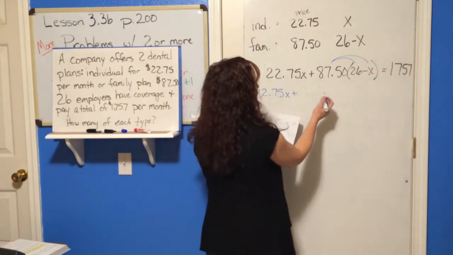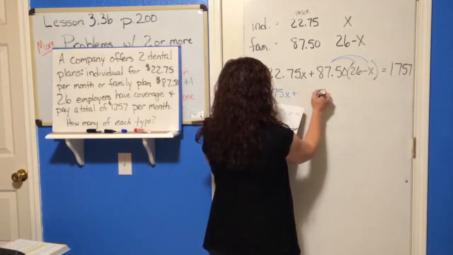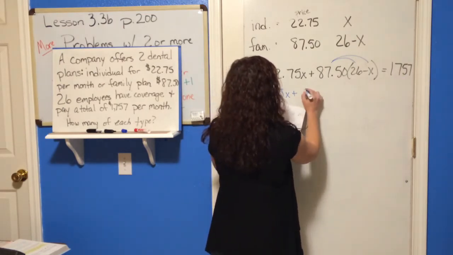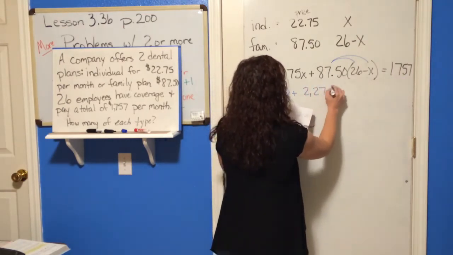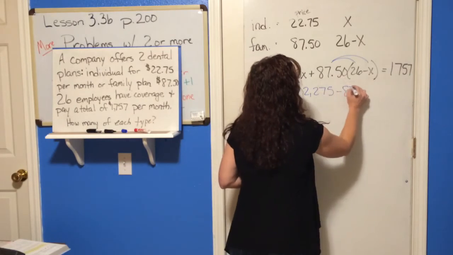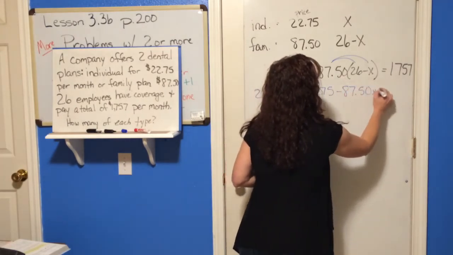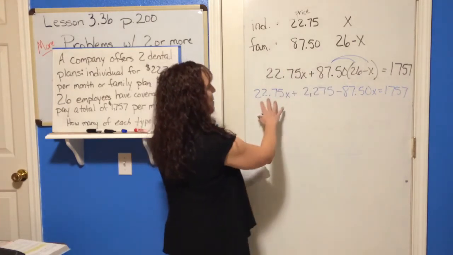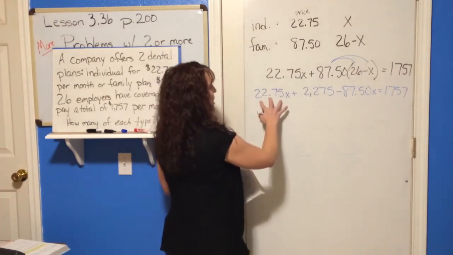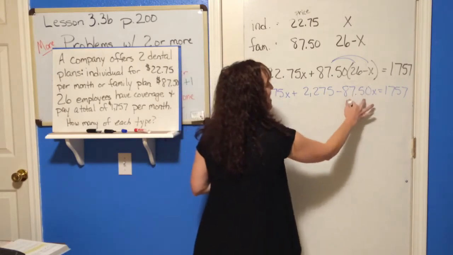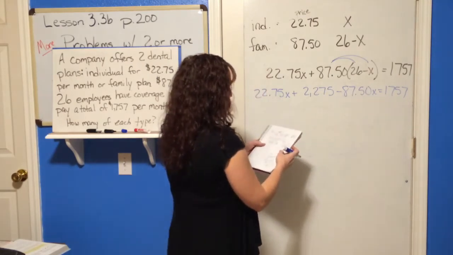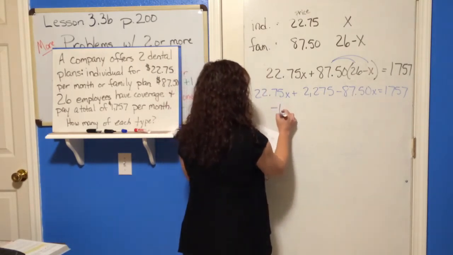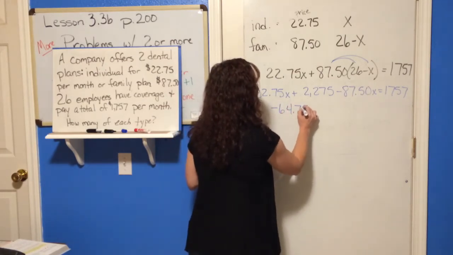All right, so then multiply through, and we get 8750 times 26 is 227,500 minus 8750x equals 175,700. Then we can combine, now watch this, this gets crazy looking. 2275 and the negative 8750x, when we combine those, we get a negative 6475x.